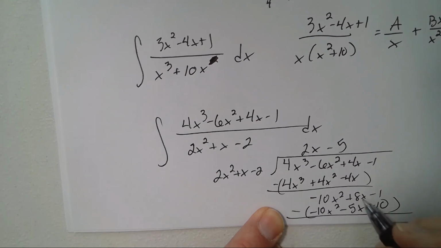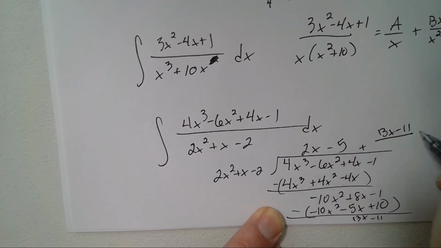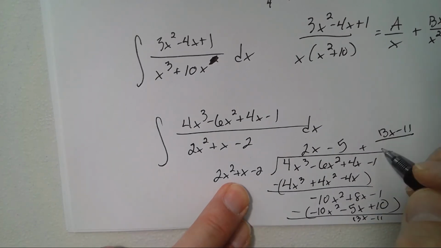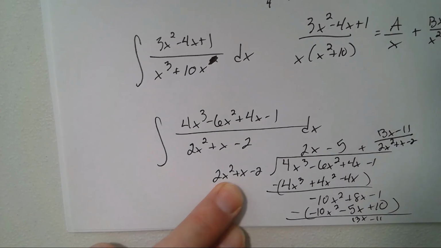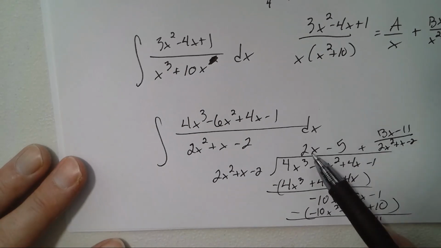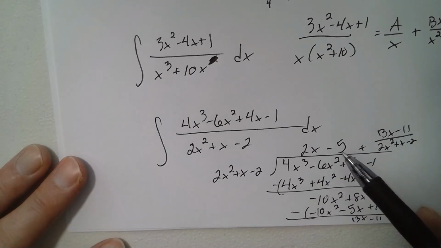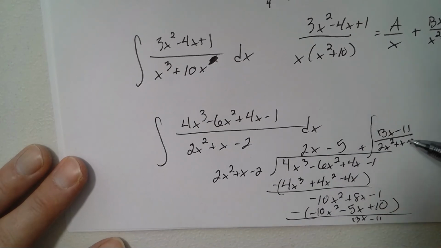So we're left with 13x minus 11 over 2x squared plus x minus 2. Okay, so that's our new one. We'd integrate that and get x squared, integrate that, get minus 5x. Then we've got another one to integrate that may actually need partial fractions. So you'd just be starting the problem with partial fractions once you get to this point.